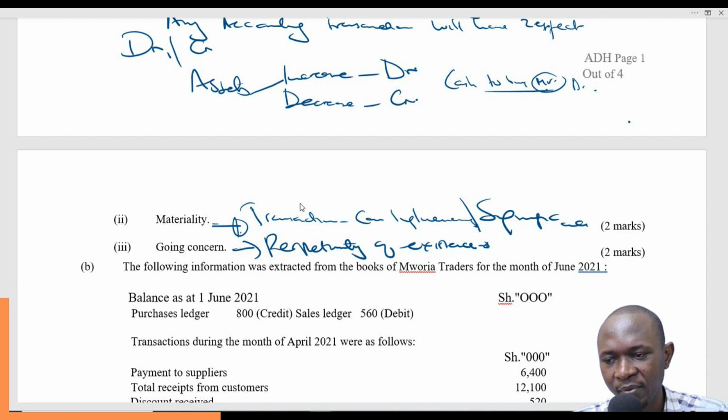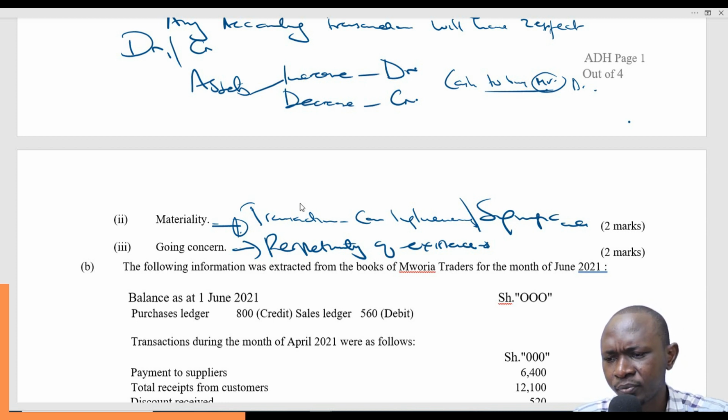This is basically the assumption that allows us to come up with other principles like the accrual concept. The ability to carry forward an expense or an income that possibly will be received in the following year, or can be paid in the following year, is because of this particular concept, the going concern.